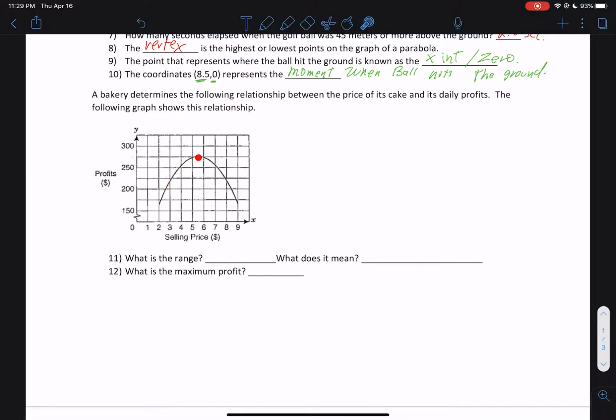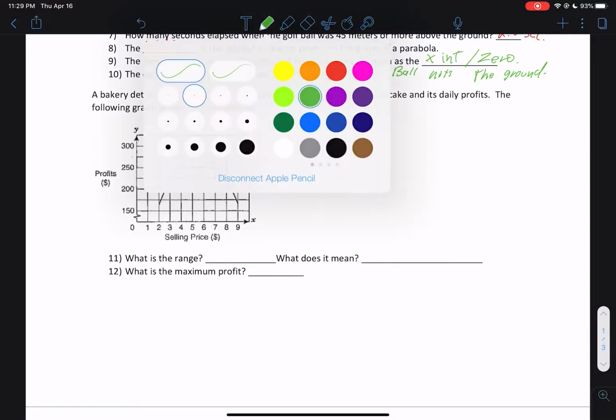When we keep increasing the selling price from this point forward, the profit starts to decrease. This is the relationship that we have. So if we were to maximize, we would use these types of graphs and equations to maximize our profits.